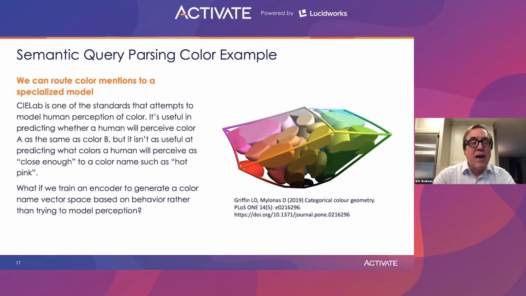Now, what do they actually add to cart, or what do they click through in the search results for that? And then perhaps from there, we can train a vector space that works really well at associating the vocabulary of the shopper when they say color with the catalog that we're looking at.